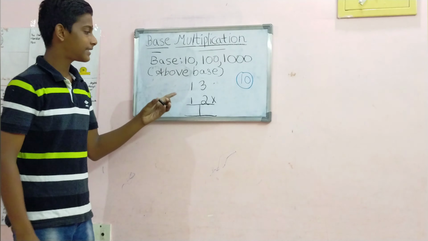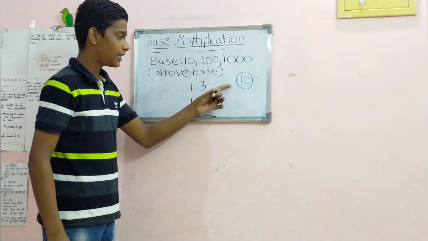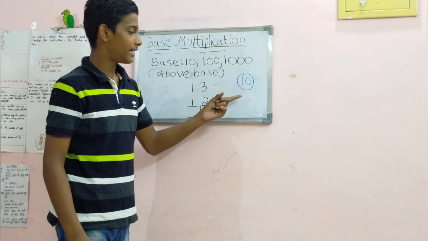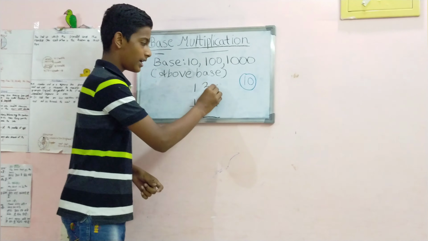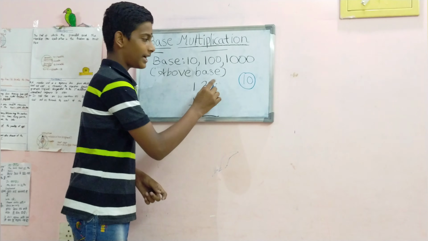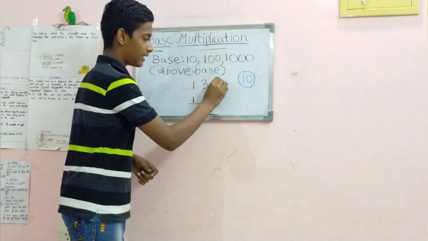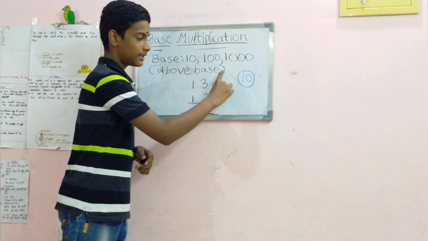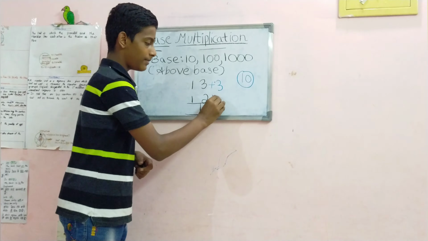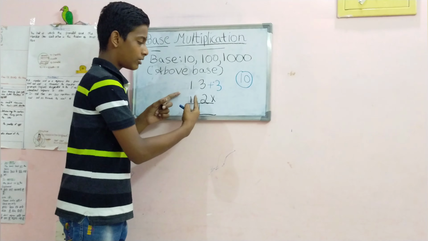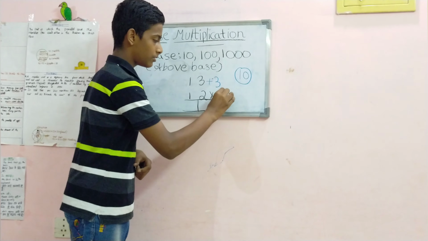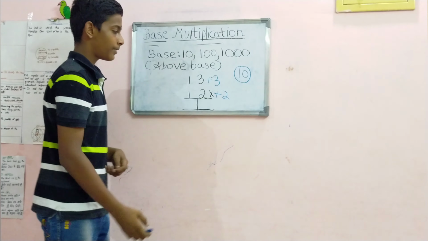In the next step, we have to identify by how much these two numbers are greater than 10. So here 13 is greater than 10 by 3, so we have to put down plus 3. Similarly, here 12 is greater than 10 by 2, so plus 2.